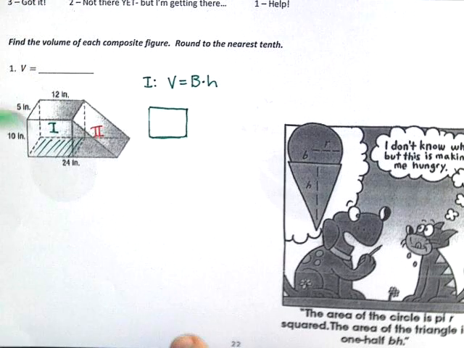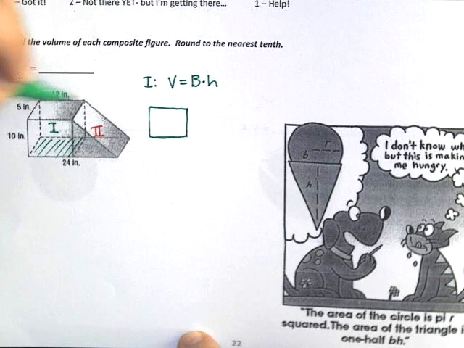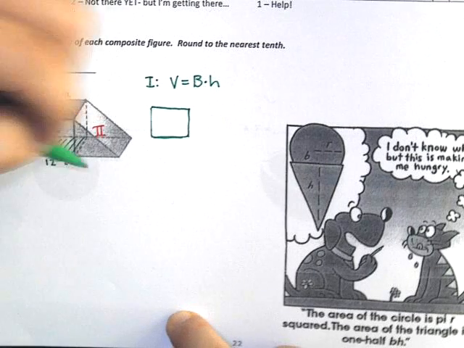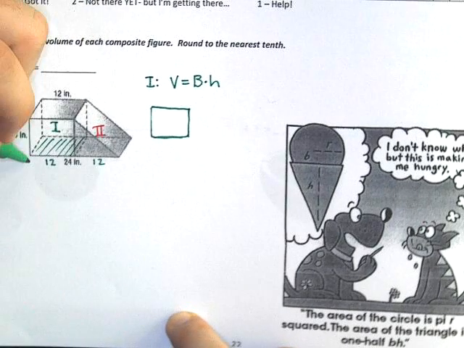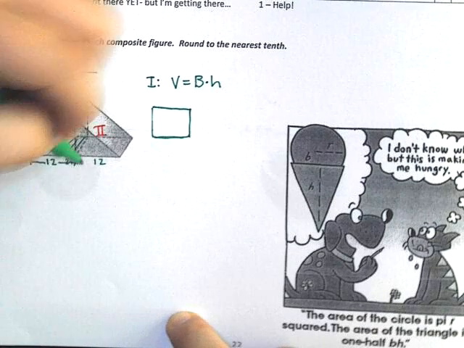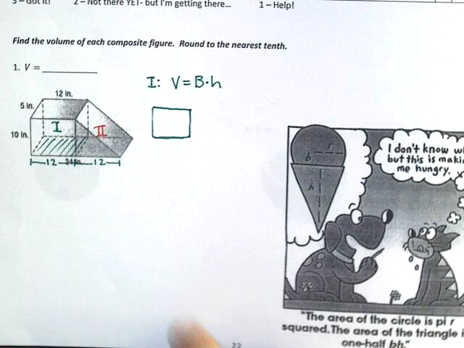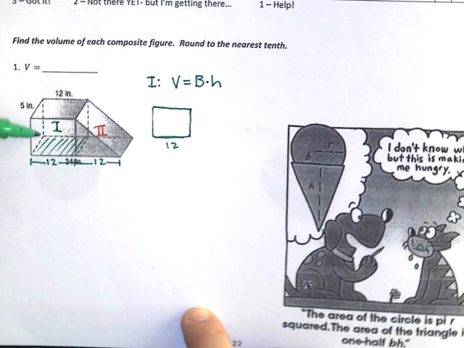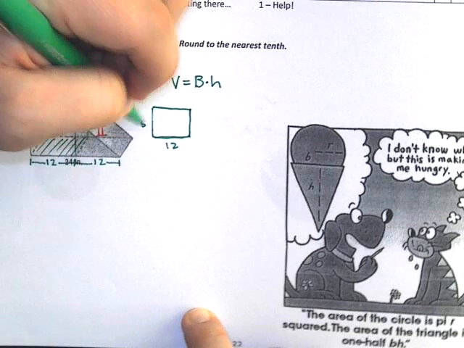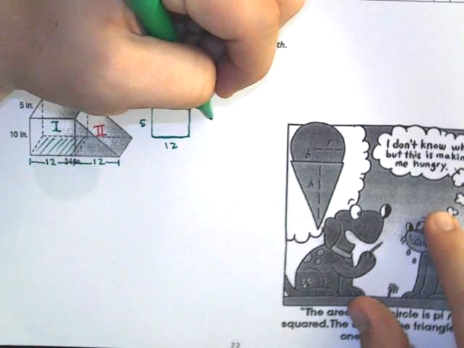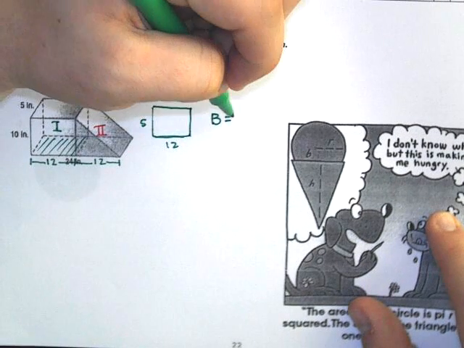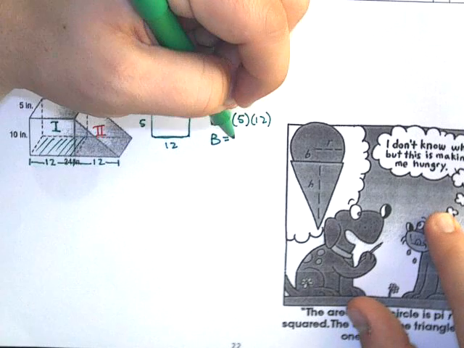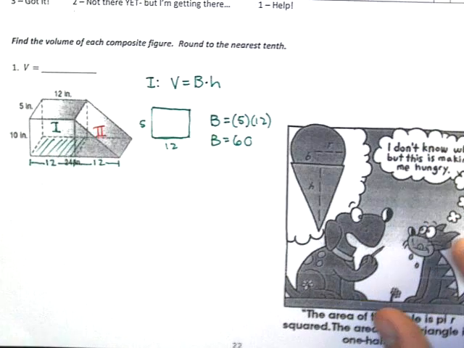If we notice, right here along the top is 12. That means right here is 12, and here is 12. So now I know that this would be 12, and this length down here would be 5. So to get the area of the base, I just do 5 times 12, or capital B equals 60.